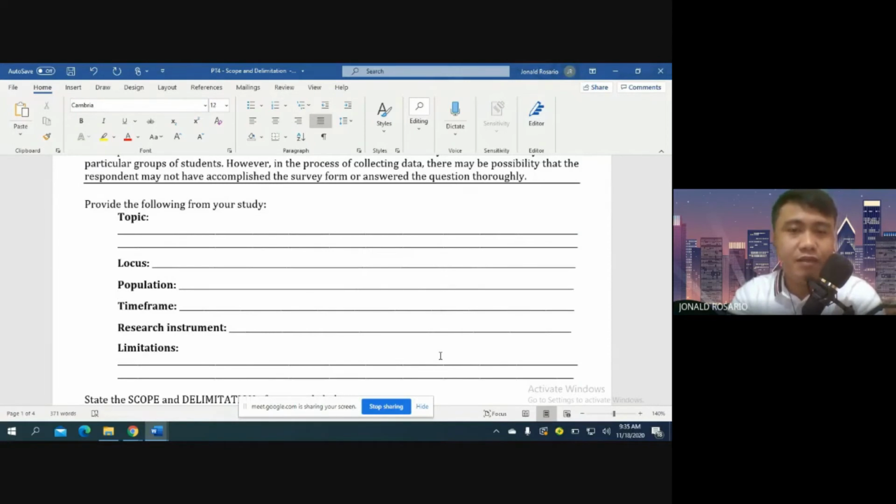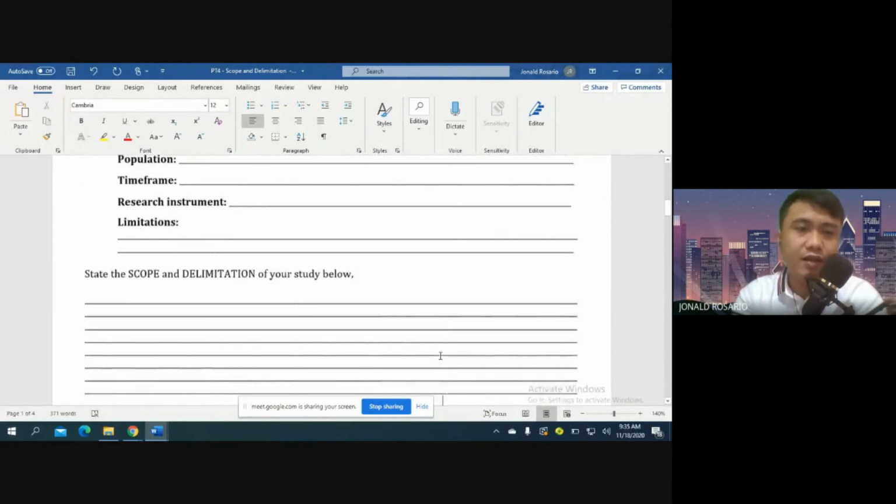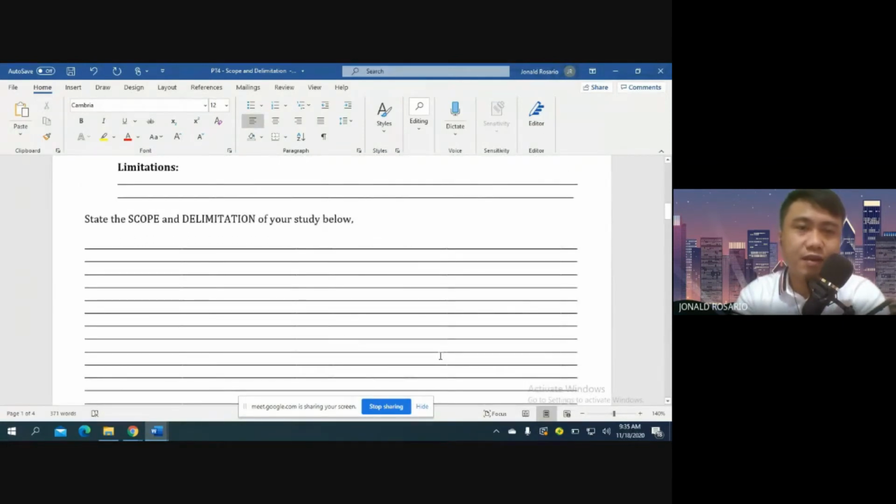Time frame, pwedeng academic year 2020 to 2021. A research instrument, usually mga checklist questionnaire. Limitations, maglagay kayo dyan limitations ang study ninyo. So, ganun lang kadali. So, that's a statement.